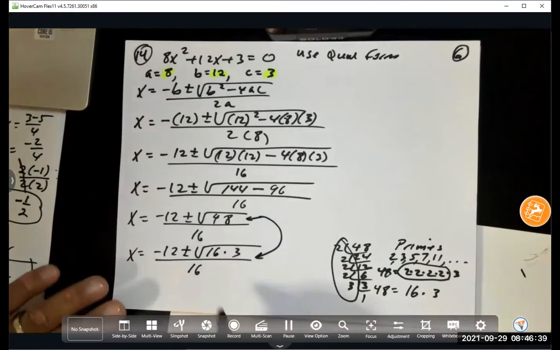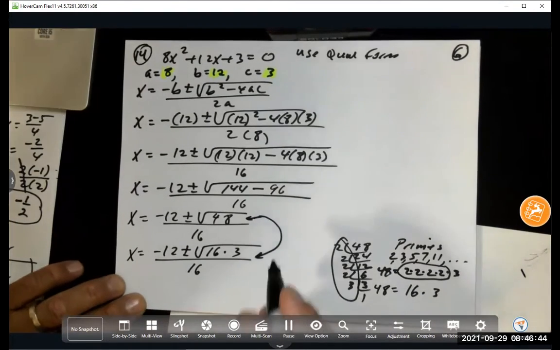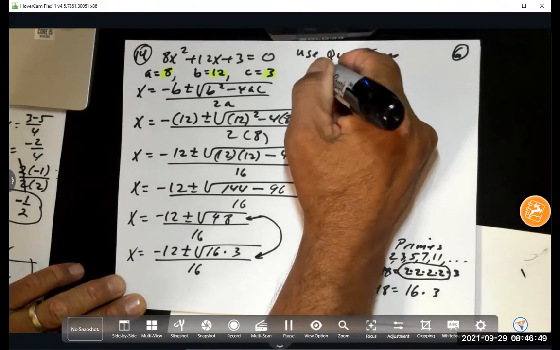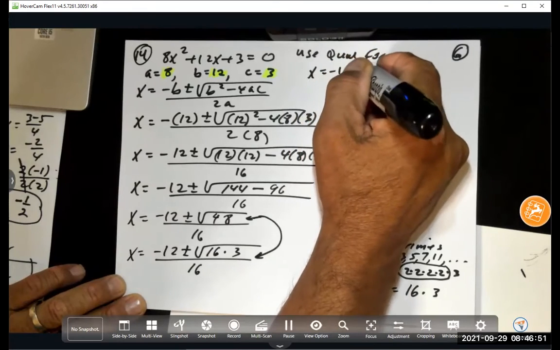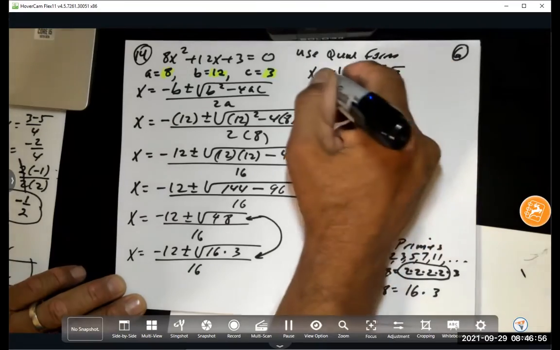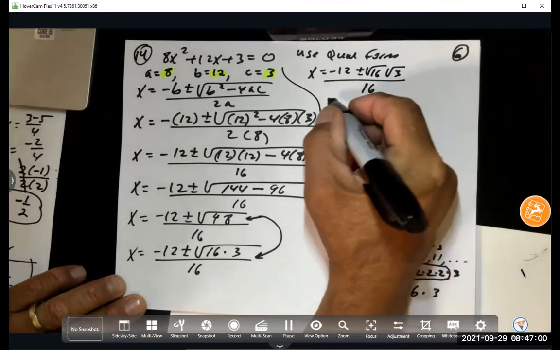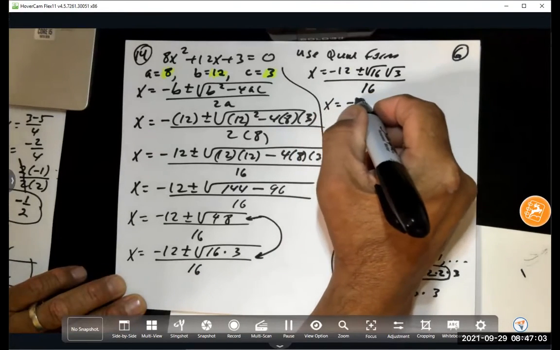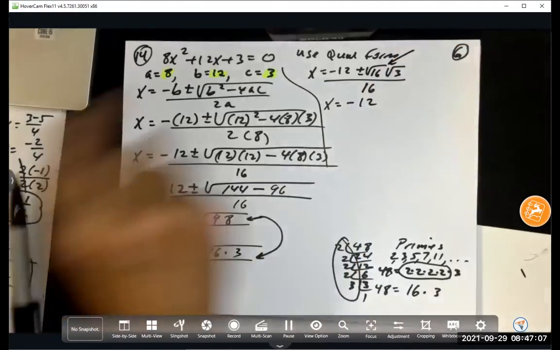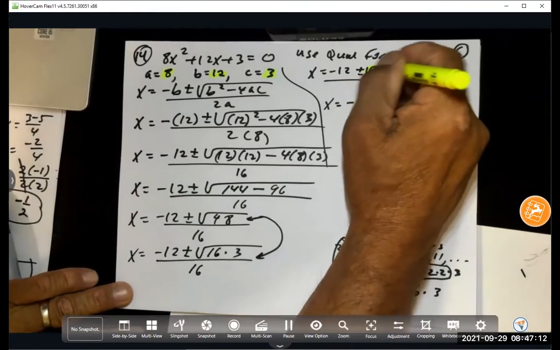Now I'm going to break this into 2 parts: negative 12 plus or minus the square root of 16 followed by the square root of 3, all over 16. So now, the next question I'm going to ask you is: is it possible to take the square root of 16? I'll highlight it for you so you can see it. What's the square root of 16?